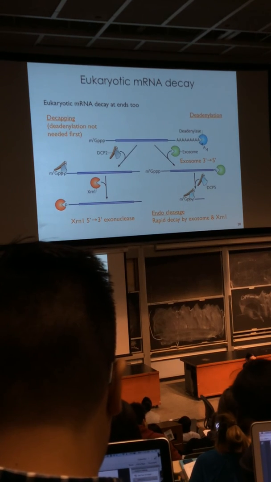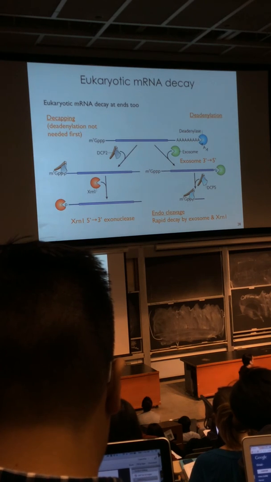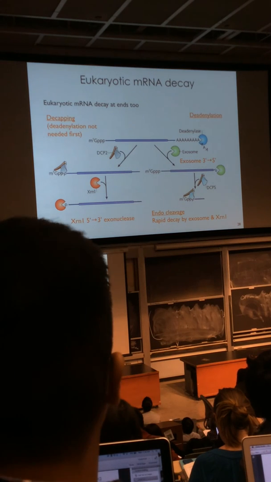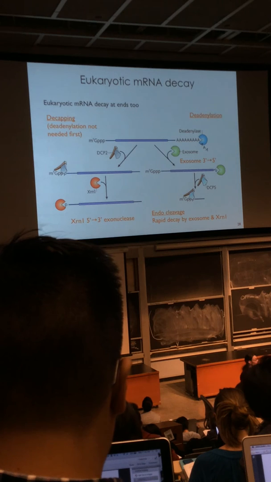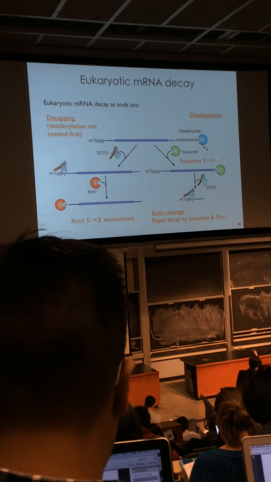And once that tail is removed and there's no more poly-A binding protein at the end of it, because there's no longer a poly-A stretch for it to bind, there's a complex called the exosome. It's a 3' to 5' exonuclease that can attack the 3' end of that transcript and chew it up from the 3' direction to the 5' direction.